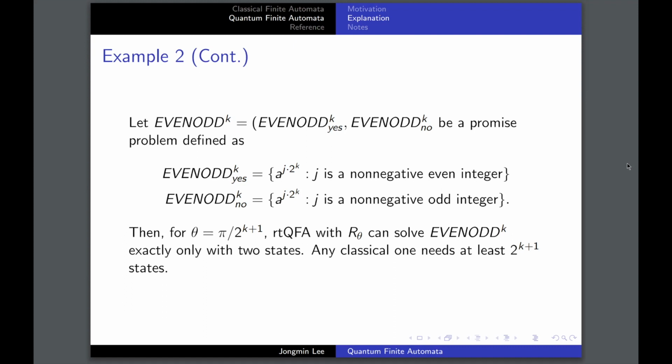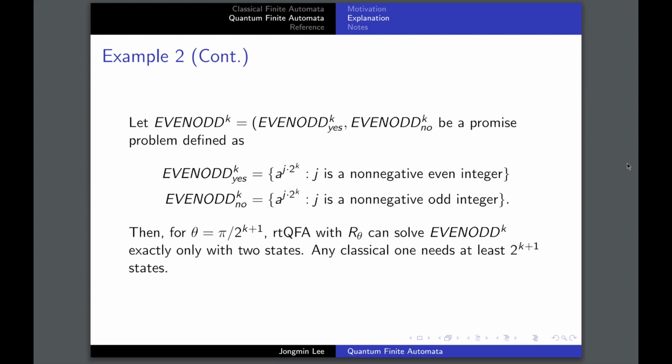At all multiples of 2 to the k, it always becomes plus Q2 or minus Q2, and repeats. So we always reject no sets, and always accept yes sets, since it must be in here or here. So the QFA can solve this problem with only two states, but any classical one needs at least 2 to the k plus 1 states.